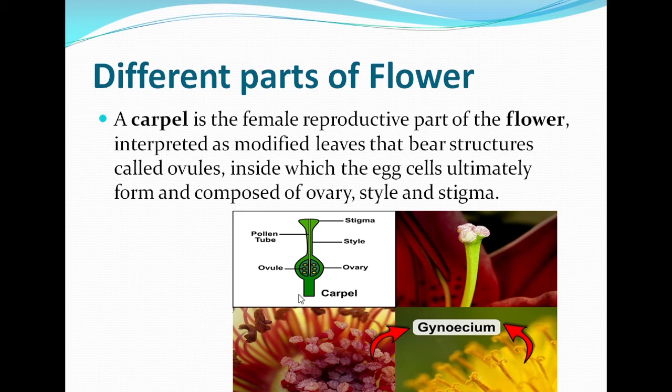So, carpel is composed of ovary, style, and stigma. Okay, this is stigma, this is style, and this is ovary, and this is ovule, and this is pollen tube. So, carpel consists of ovary, style, and stigma.